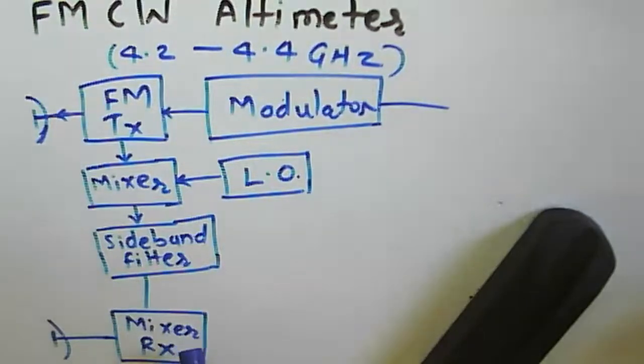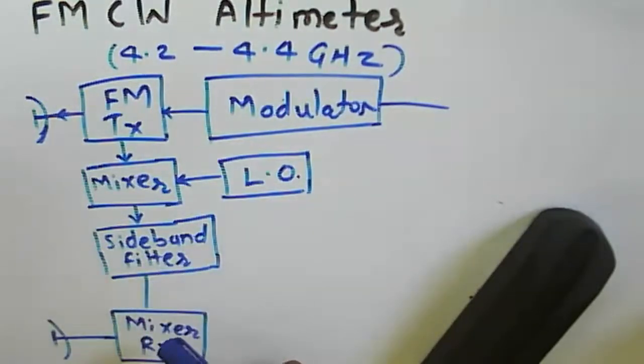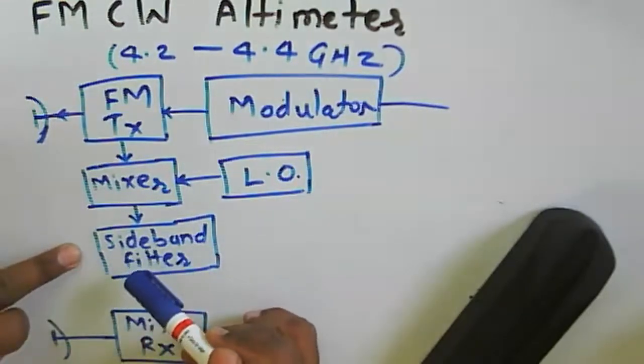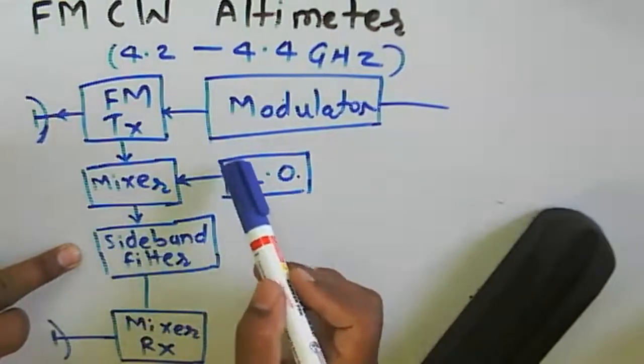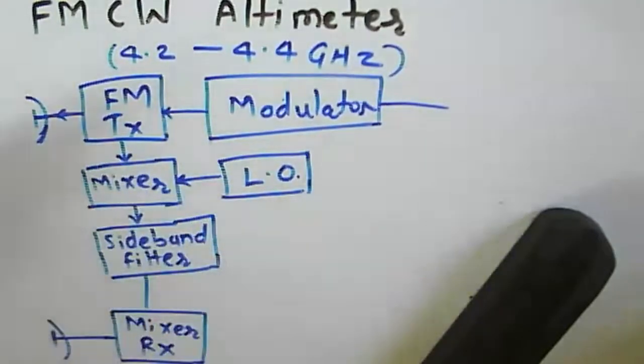So that will reject whatever component we are receiving from this filter. So generally this one is about a sideband filter. So we are getting a mixed signal at a mixer here.